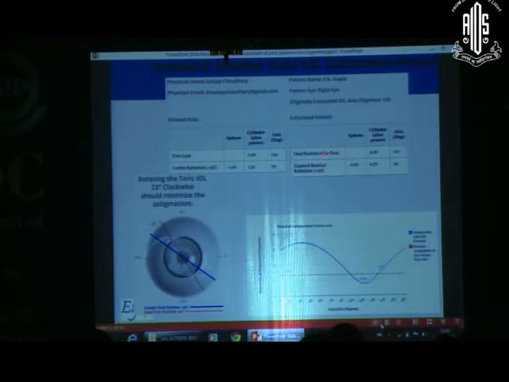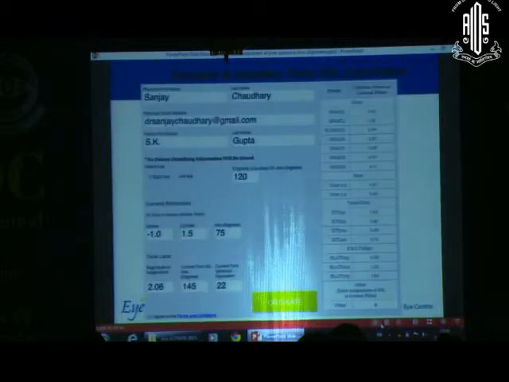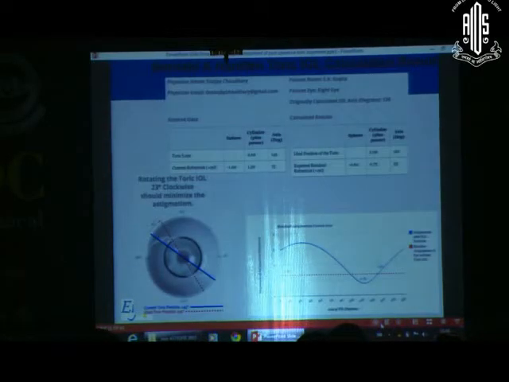The ideal position of the toric lens should be now at 122. Remember, the original position was 120. I'll just show that to you. The original position was 120. Now it is suggesting the new position should be 122. Just 2 degrees away from it.